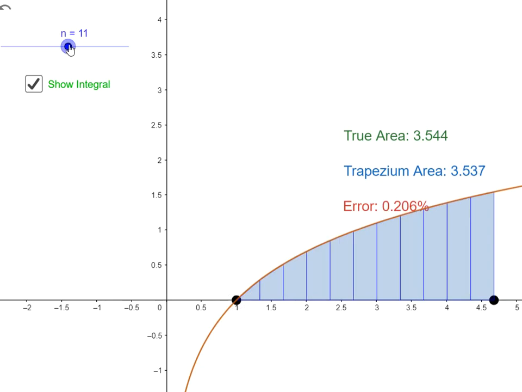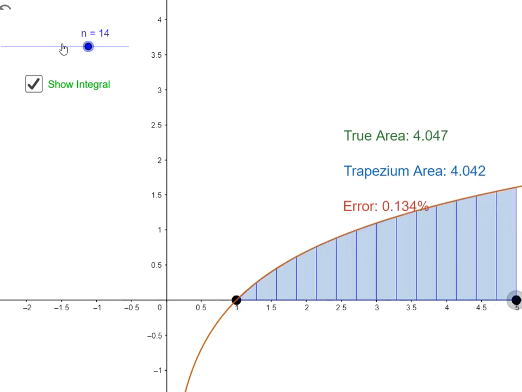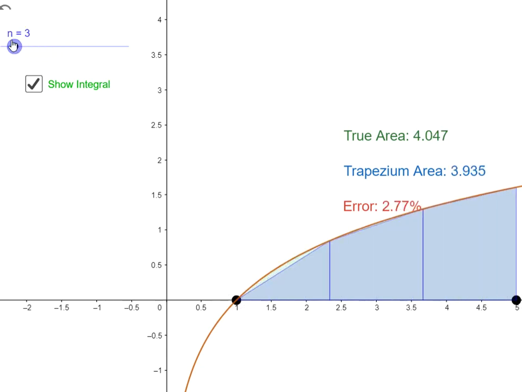No matter how many strips we choose to use, we always get an underestimate for ln x because it is concave everywhere. Wherever the function exists, the gradient of the function is decreasing. And that means that no matter how quickly it was increasing, no matter what the gradient was at the beginning of a particular trapezium, it's going to be more shallow at the end, and the straight line will undercut the curve.